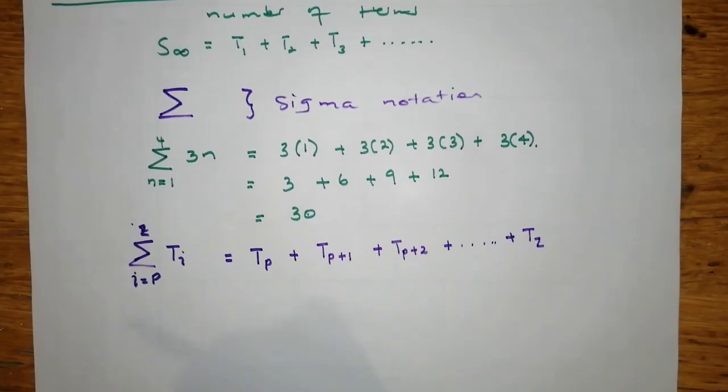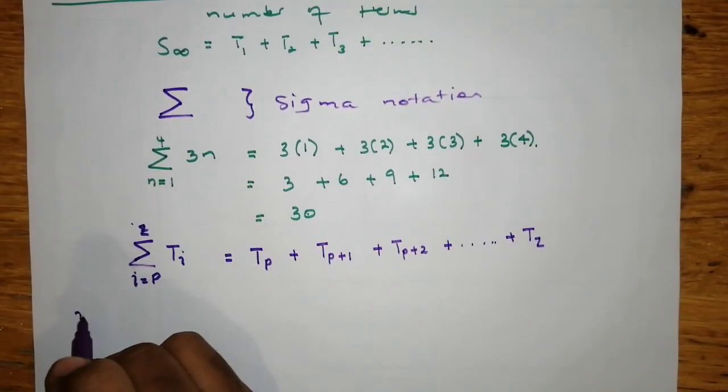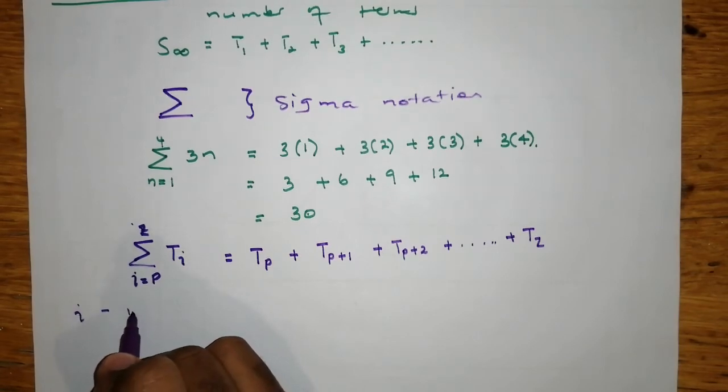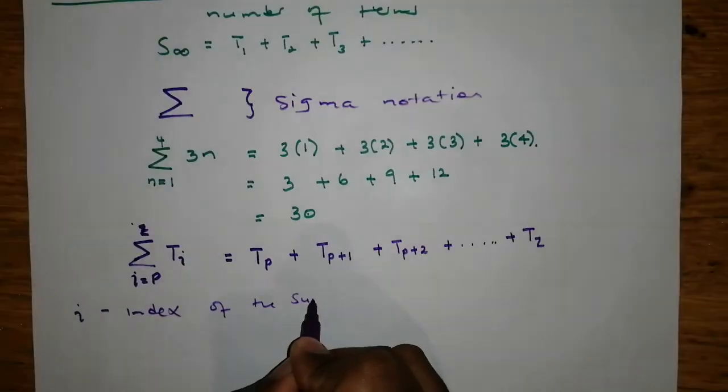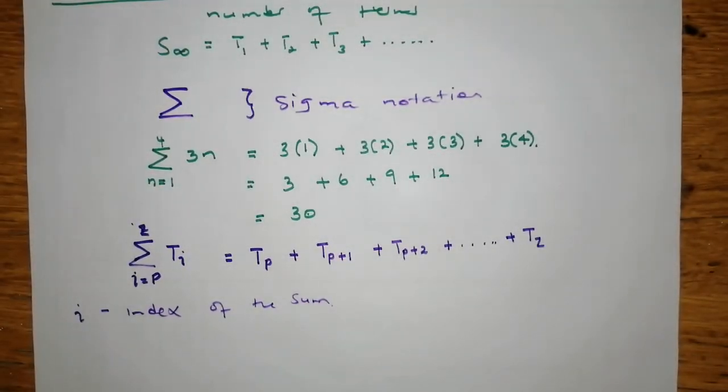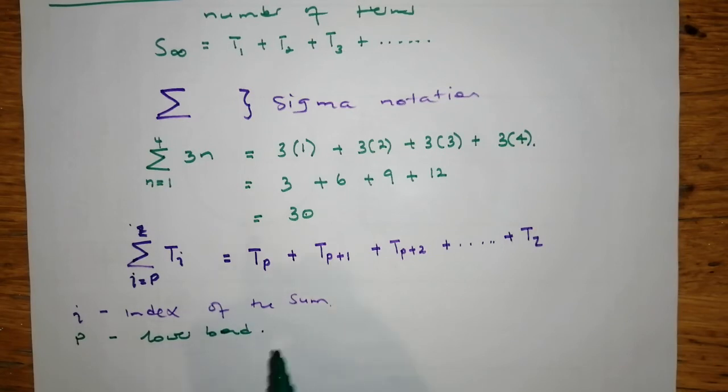So having seen this, what does it boil down to? i here is the index. It's called the index of the sum. P is the lower bound, so we are starting from P, and Z is the upper bound.